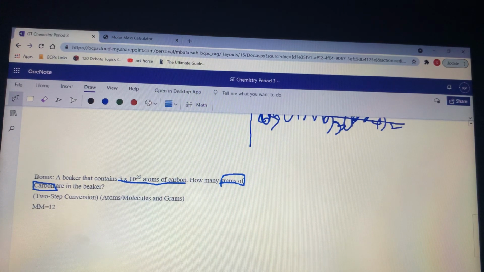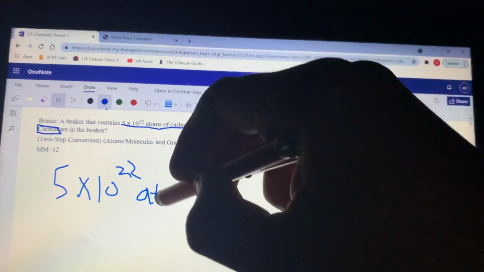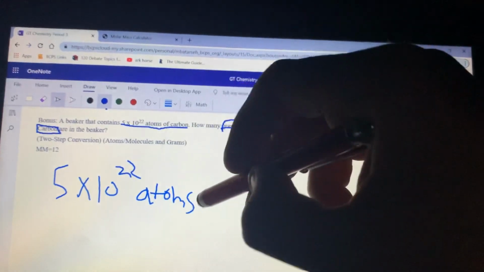So yeah, the molar mass of carbon is just 12. It's already figured out for us. Yay. So we have 5 times 10 to the 22 atoms of carbon.